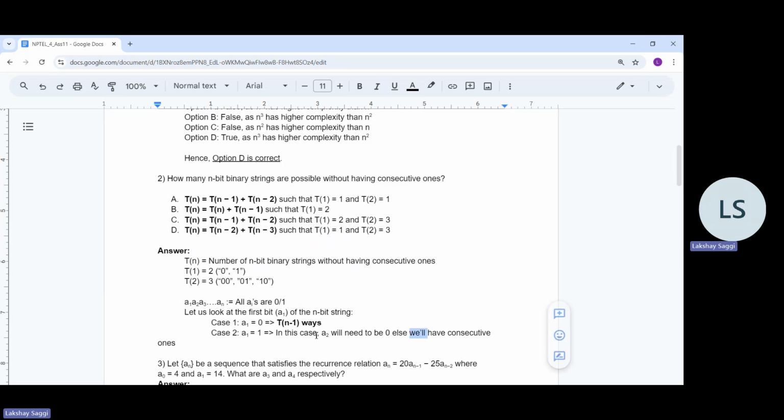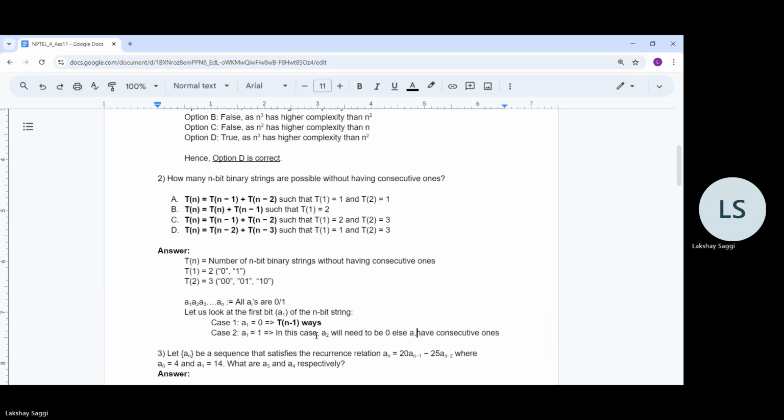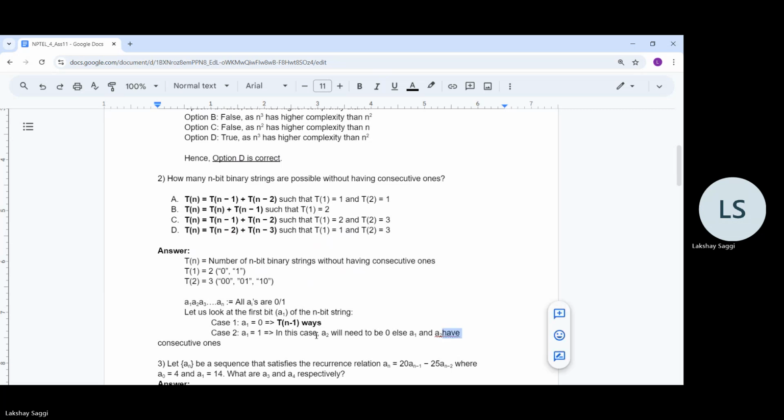Or maybe else a1 and a2 will be consecutive ones. So that's why a2 will need to be 0.